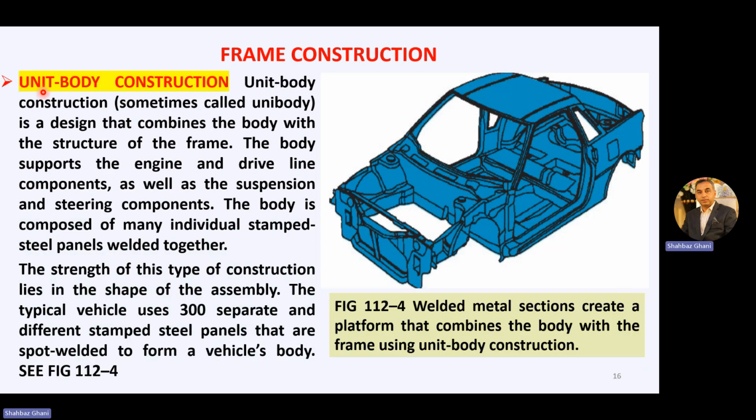Now, the last one is the unit body construction. Unit body construction, sometimes called unibody, is a design that combines the body with the structure of the frame. The body supports the engine and driveline components as well as the suspension and steering components.